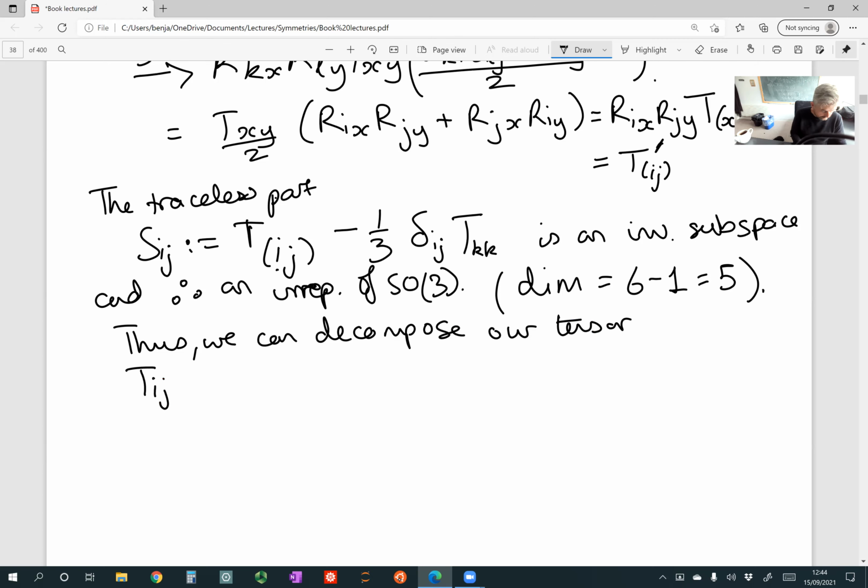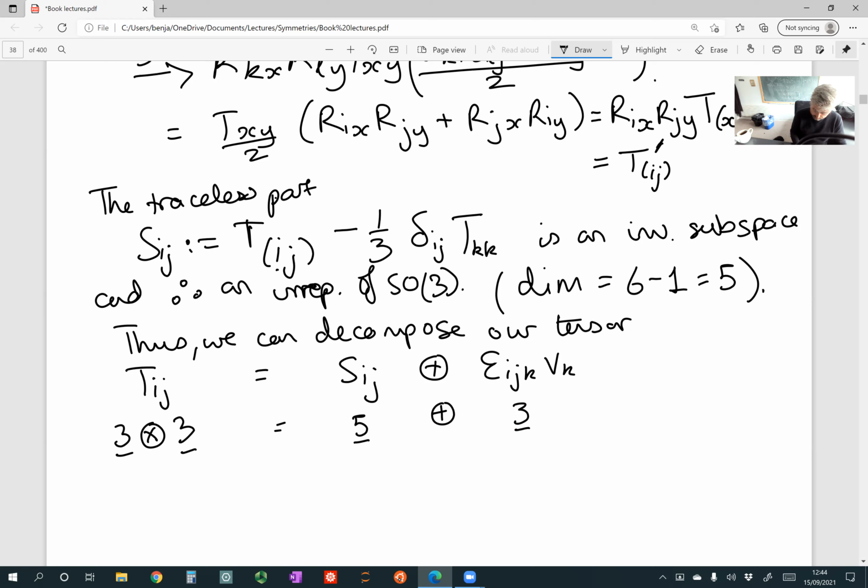So Tij, remember this was 3 cross 3, is equal to Sij, which is a 5, plus epsilon ijk vk, this is a 3, plus a third delta ij phi, this is a singlet.